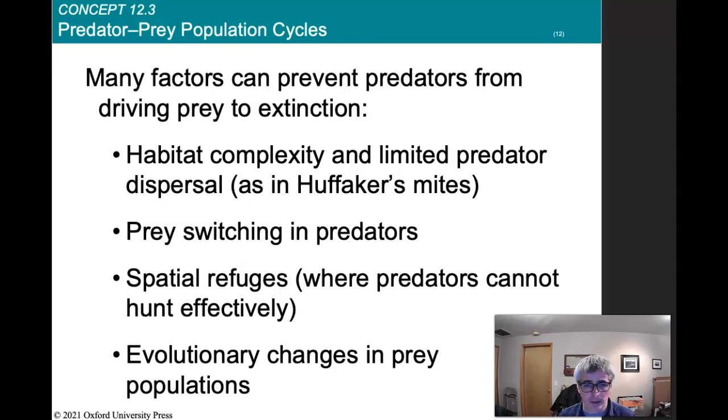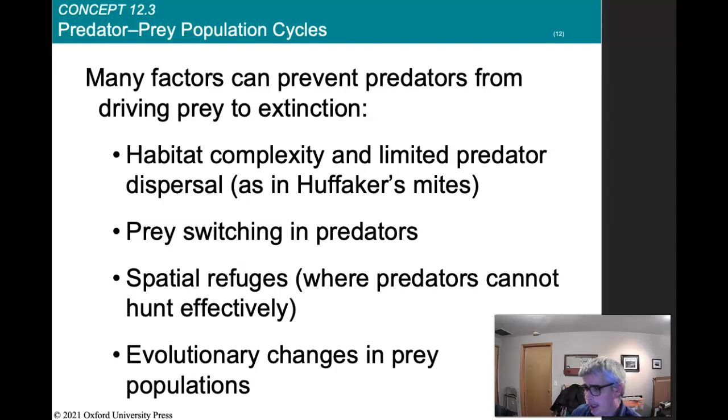Prey switching predators, so maybe they eat a certain prey down to very low numbers, where then it's no longer efficient to hone in on that prey, and so they'll switch to another prey. Spatial refuges, where predators cannot hunt effectively. Hidey holes, places to hide, and evolutionary changes to the prey populations.